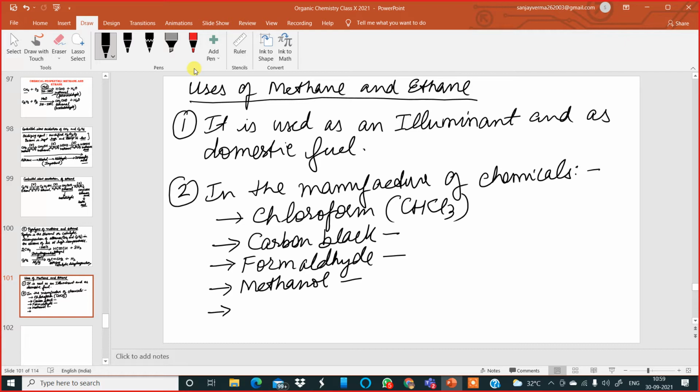And the next use is the manufacture of ethanol. Ethanol is also a solvent for resins. It is a low freezing liquid used in low temperature thermometers. So these are the important uses of methane and ethane.